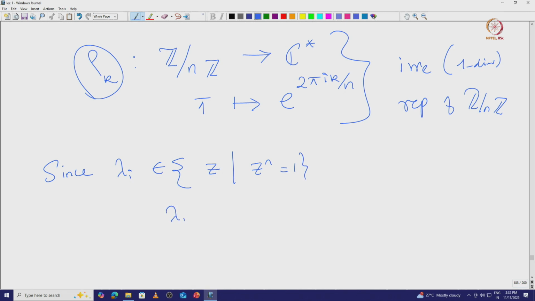So, that means this lambda_i is supposed to be equal to one of these e^(2 pi i k/n). So, there exists k_i such that lambda_i is nothing but e^(2 pi i k_i/n). So, that means this V_i that we constructed is naturally isomorphic to the representation rho_{k_i}.